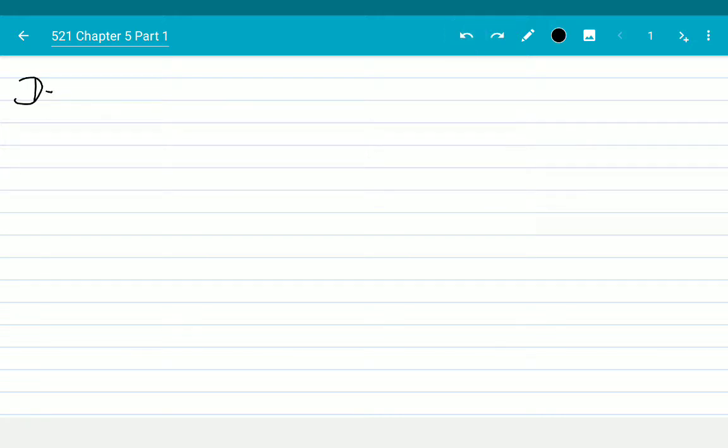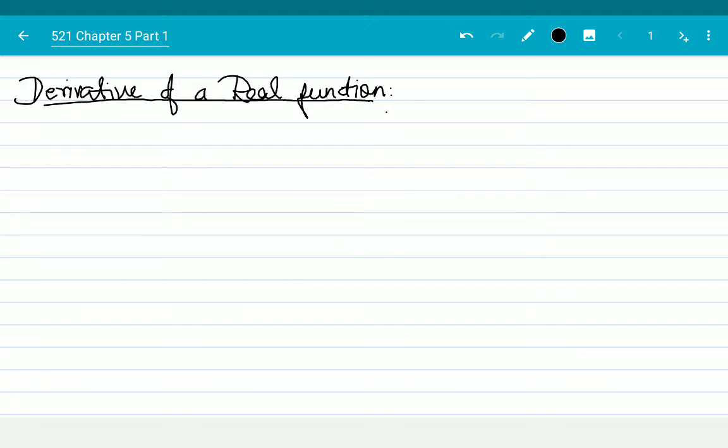Derivative of a real function. Okay, definition.